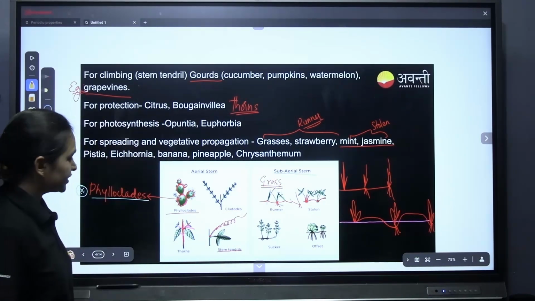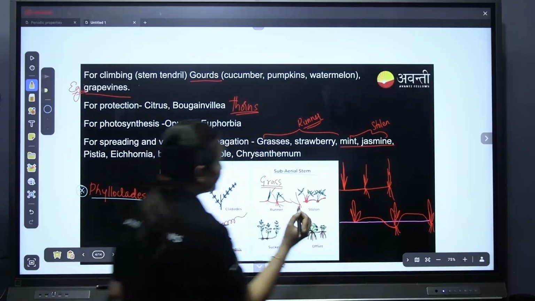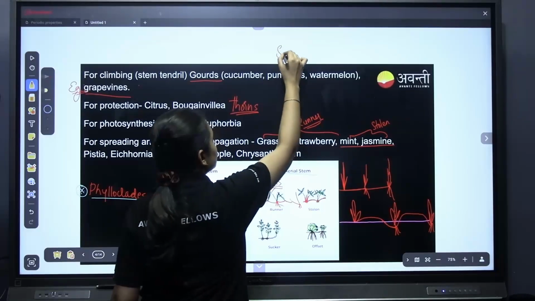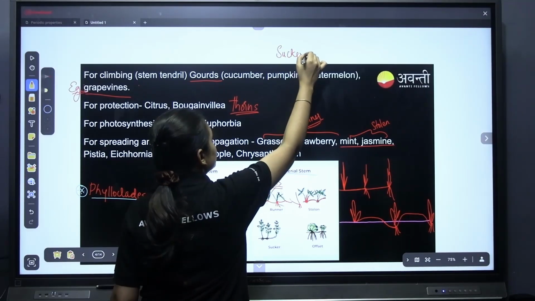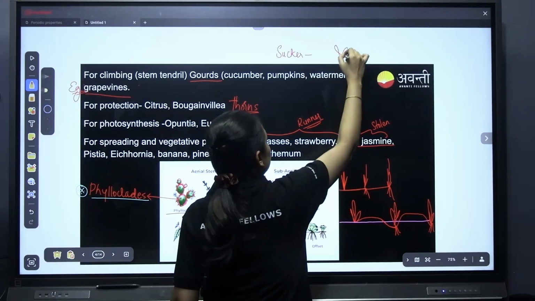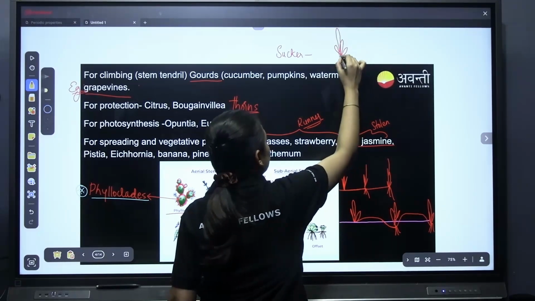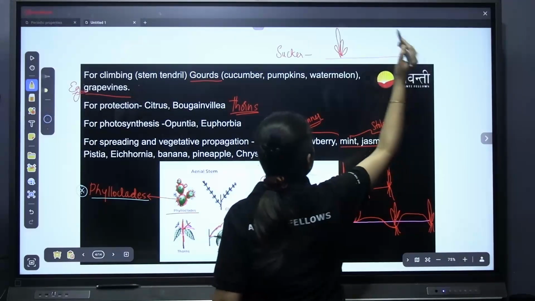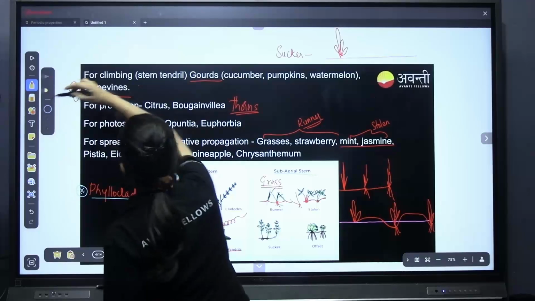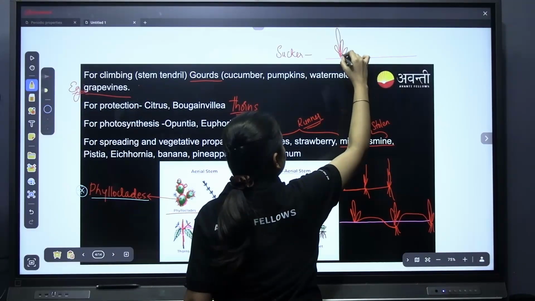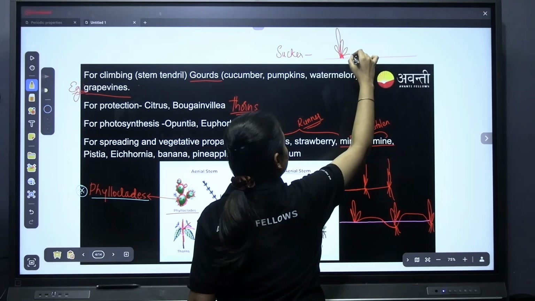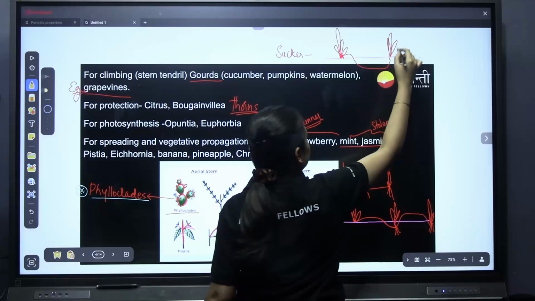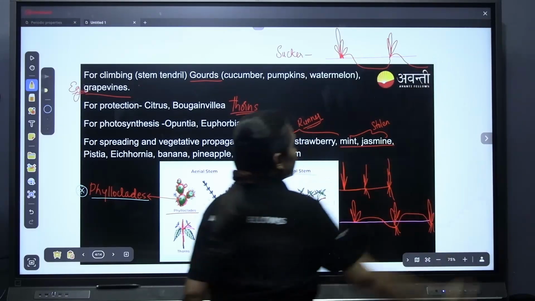Now when it comes to suckers, there are different types, but I will draw the sucker here. If this is a plant, and this is the ground, it actually goes like runner, but immediately it goes below the ground and starts another one from it below the ground.